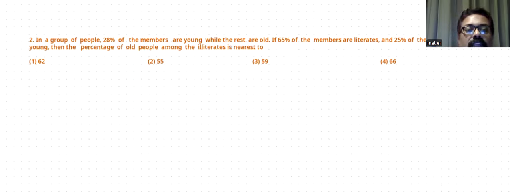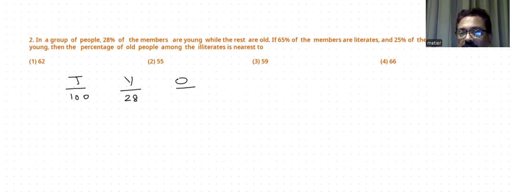Let's go with total population, total group of people, that is 100. 28% young. There is no need to write down the whole word. T for total, Y for young. That's sufficient. You have to understand only. Y young is 28. So the rest will be old. As of now, we are not calculating old. If required, then only we will calculate.